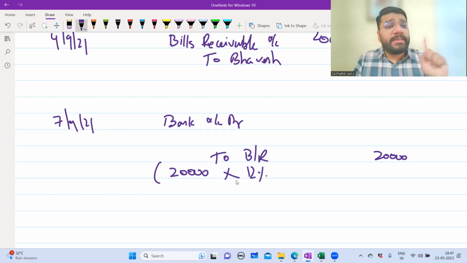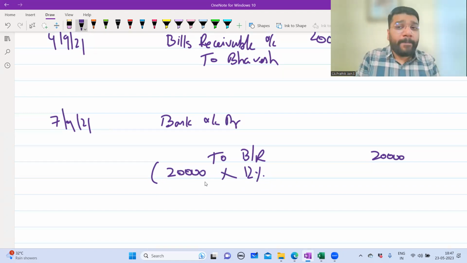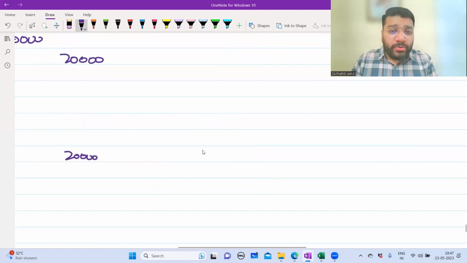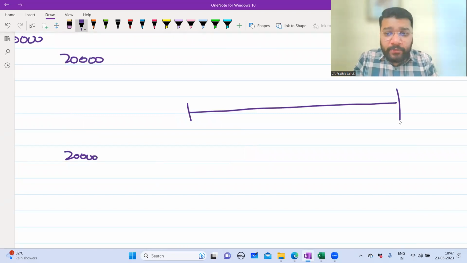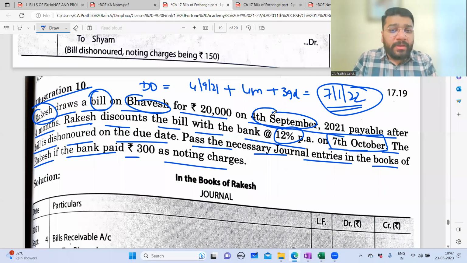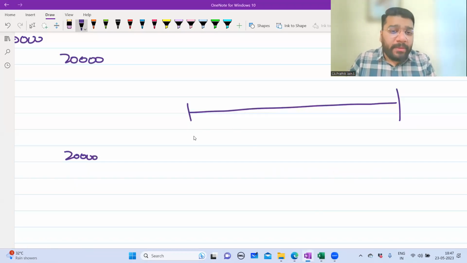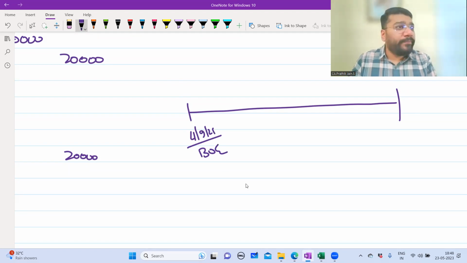But my question is, is Rakesh enjoying this 20,000 for the entire 12 months? The answer is no. So you have to do a timeline here. Now, please understand, the bill has been executed on 4th of September 2021.